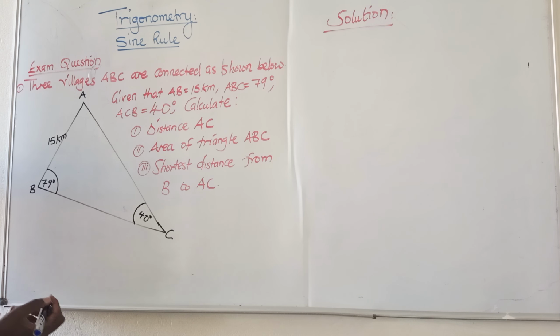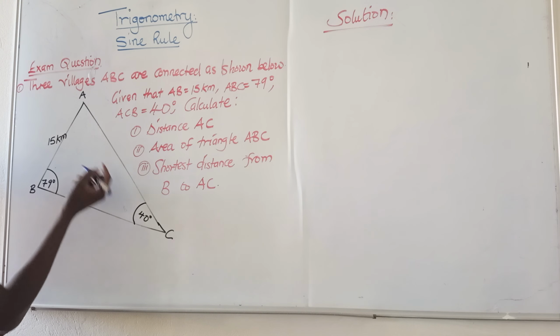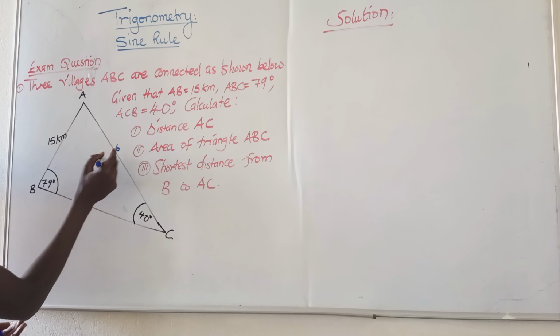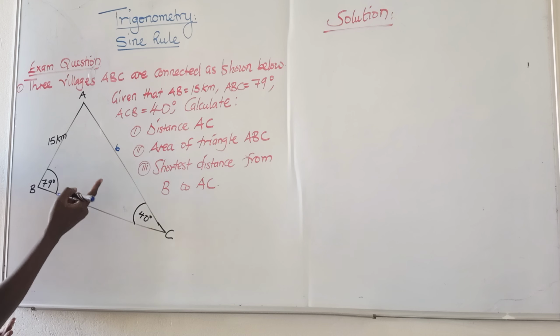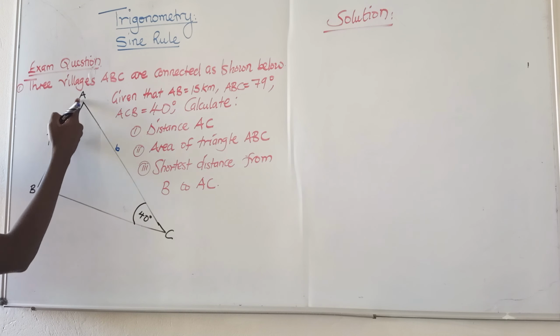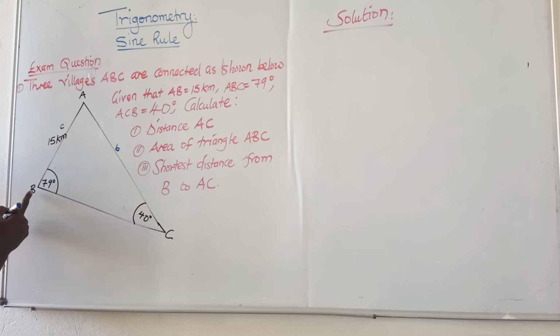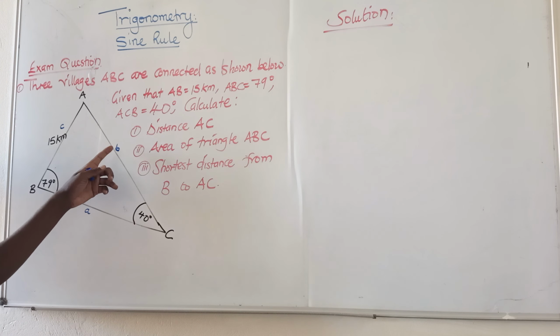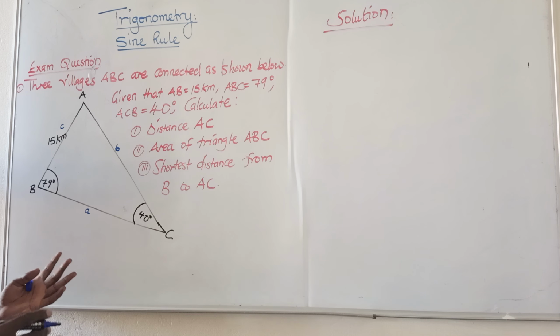Now, from what we have learned, we know that this distance AC is B, this distance AB is C, and the distance BC is A. So to find the distance AC, we look at what we have been given.